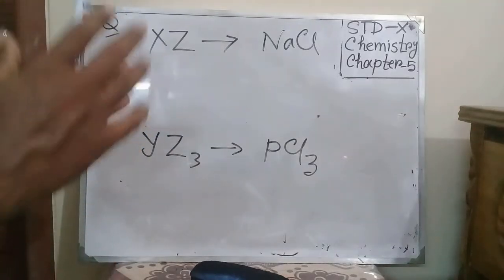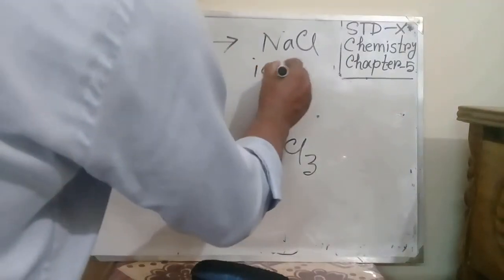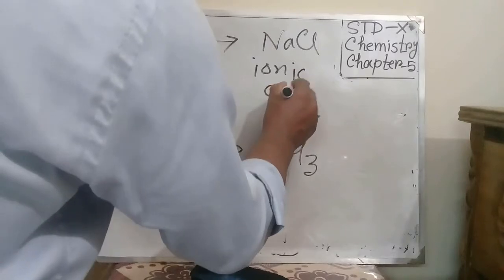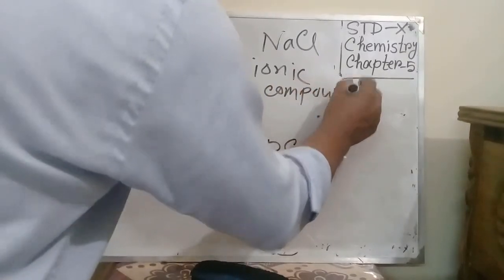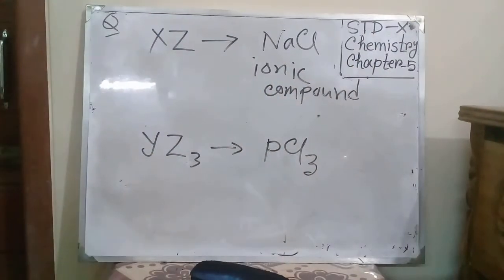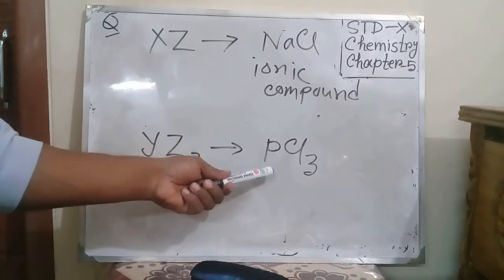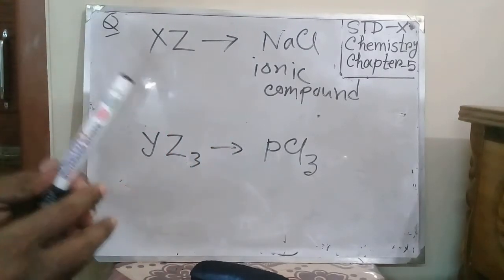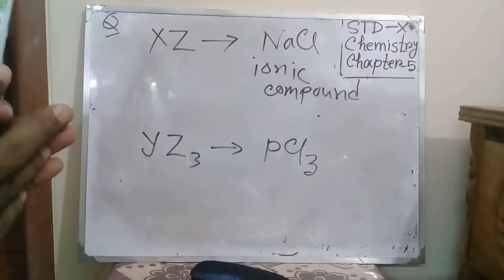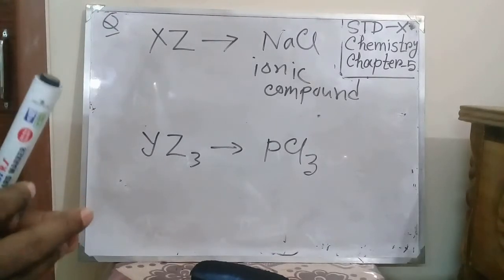Sodium chloride is a pure ionic compound. An ionic compound forms two ions, a cation and an anion, in solution or aqueous solution. But phosphorus trichloride is a covalent compound. A covalent compound doesn't form two types of ions in solution.